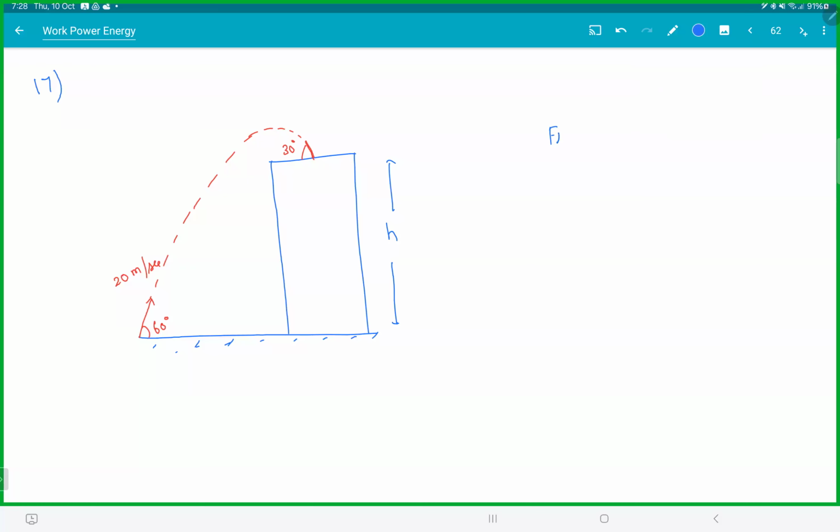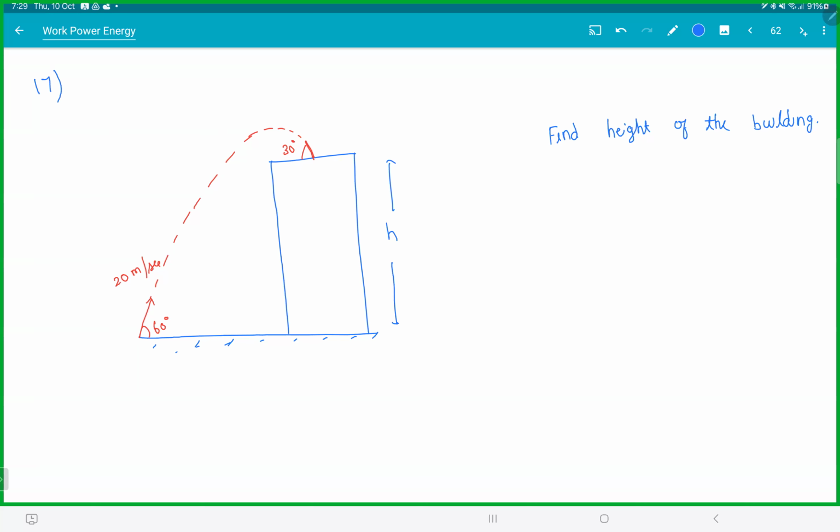Find the height of the building. Initial speed is given, final angle is given, initial angle is given.